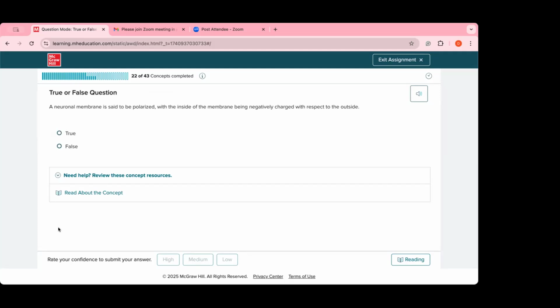When the inside has a negative charge compared to the outside. That's true. That's what we read, because the inside is negative and it becomes positive after the sodium ions come in.